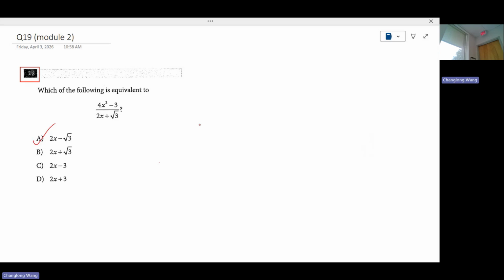Negative radical 3, negative 3, positive 3. When x equals 0, you have negative 3 over radical 3, so it has to be negative radical 3, right? This is the kind of problem where you should try something more practical instead of going through some algebra. There's a wide range of problems like that. You should all do that.